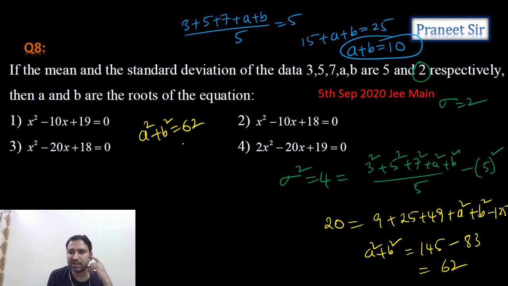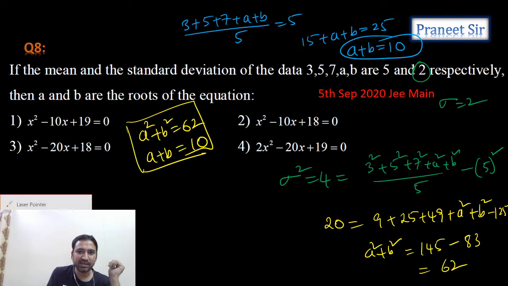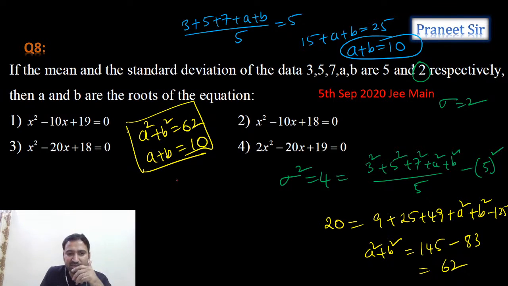And a plus b we already calculated. a plus b is 10. So can we calculate the a value and b value with this information? Can I calculate the a value and b value, guys? What is a and what is b?